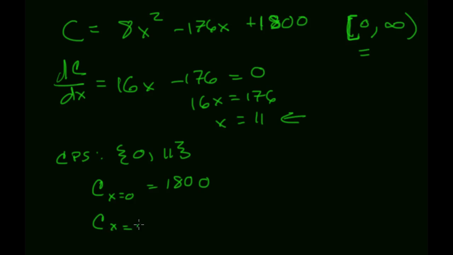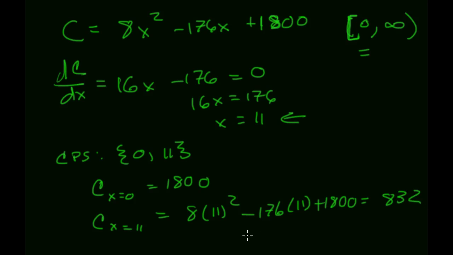C when x is 11 gives me 8 times 11 squared minus 176 times 11 plus 1800, which works out to be 832. So my minimum cost occurs by producing 11 items, and the total cost for those 11 items will be $832.